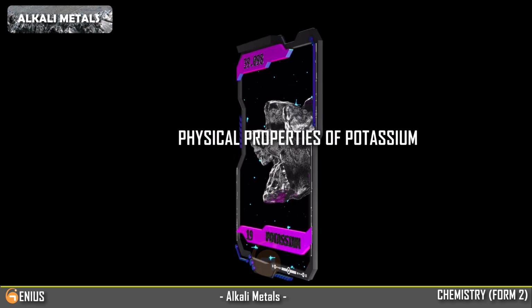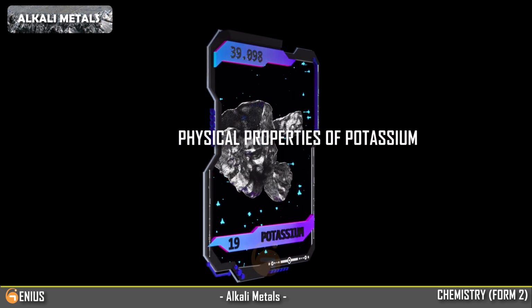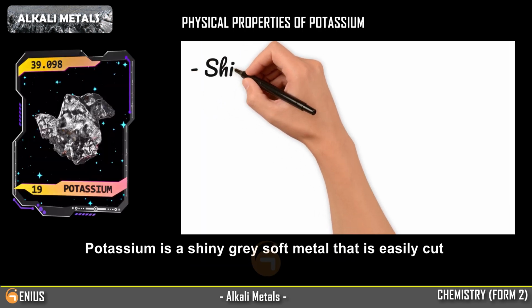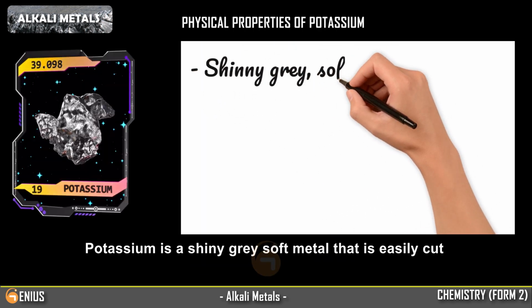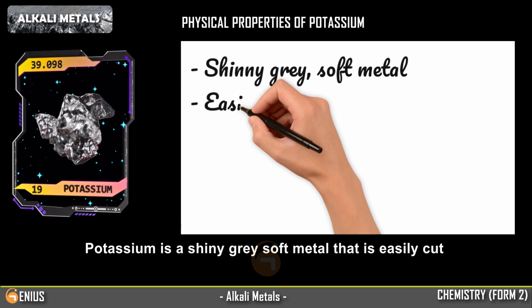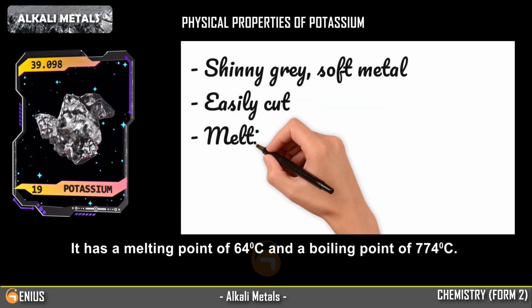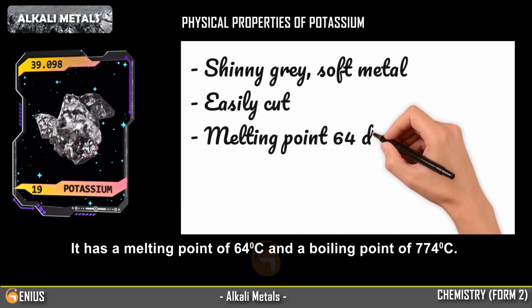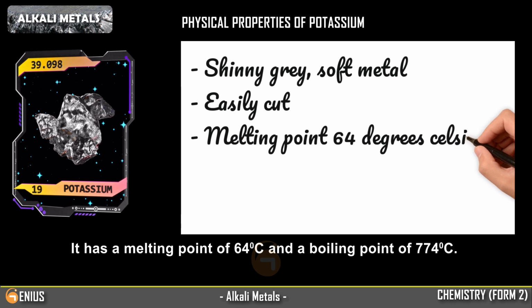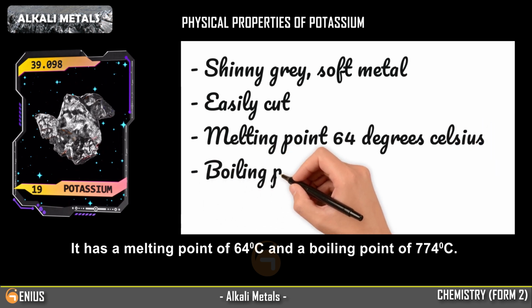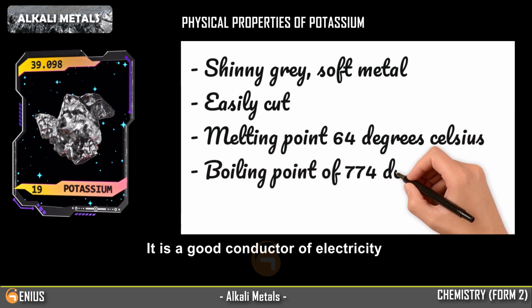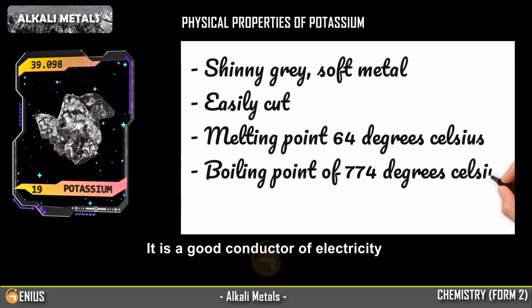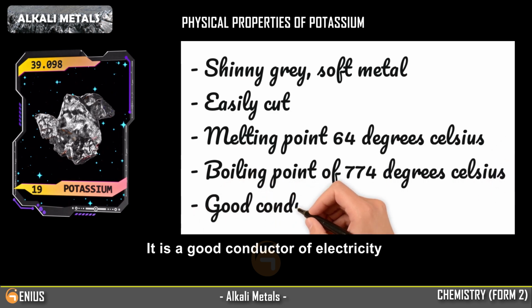Physical properties of potassium. Potassium is a shiny gray soft metal that is easily cut. It has a melting point of 64 degrees Celsius and a boiling point of 774 degrees Celsius. It is a good conductor of electricity.